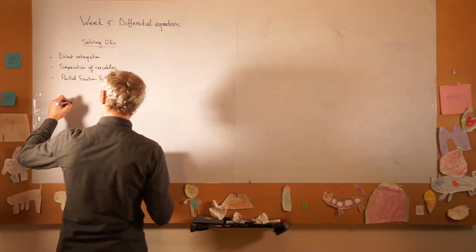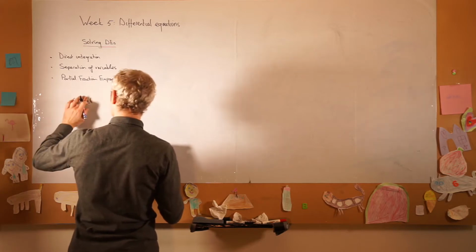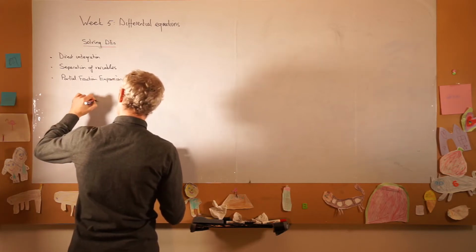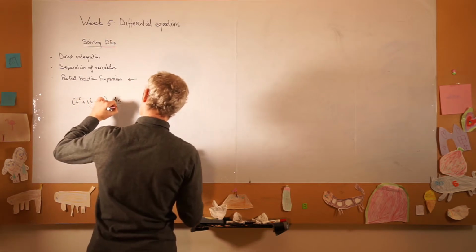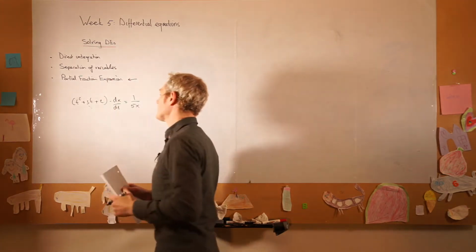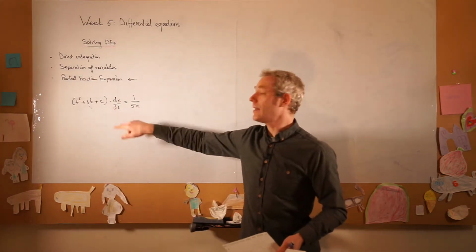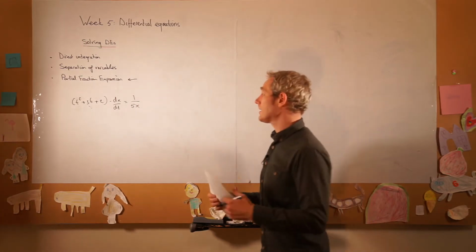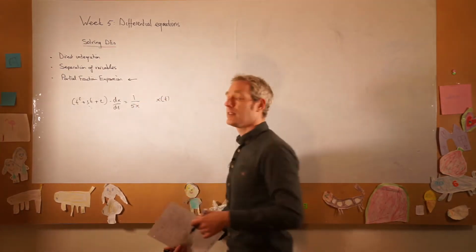So let's say we have t squared plus 3t plus 2 times dx dt is equal to 1 over 5x. Now the independent variable here is t and the dependent variable is x, so I would like a solution in the form of x of t.